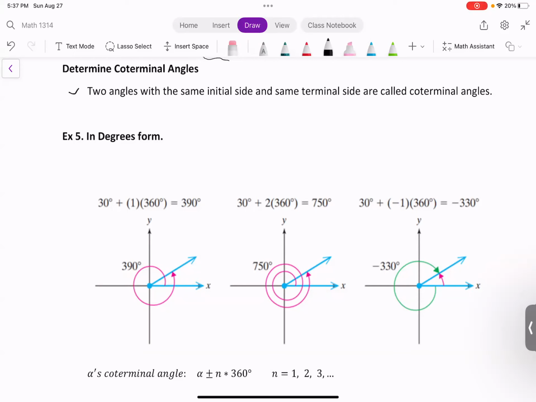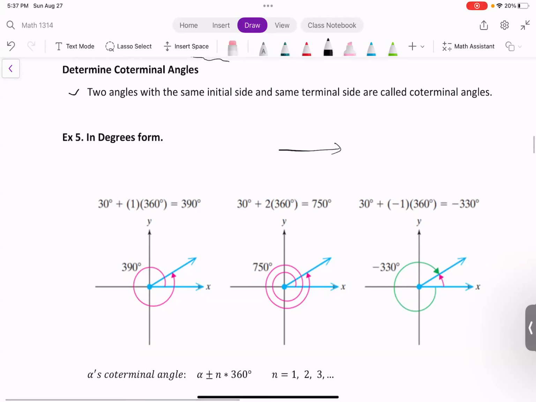For example, in standard position, I have an angle starting from the initial side and stopping here at the terminal side, and the angle is 30 degrees. Coterminal angles have the same initial side and the same terminal side, but the angle is different.